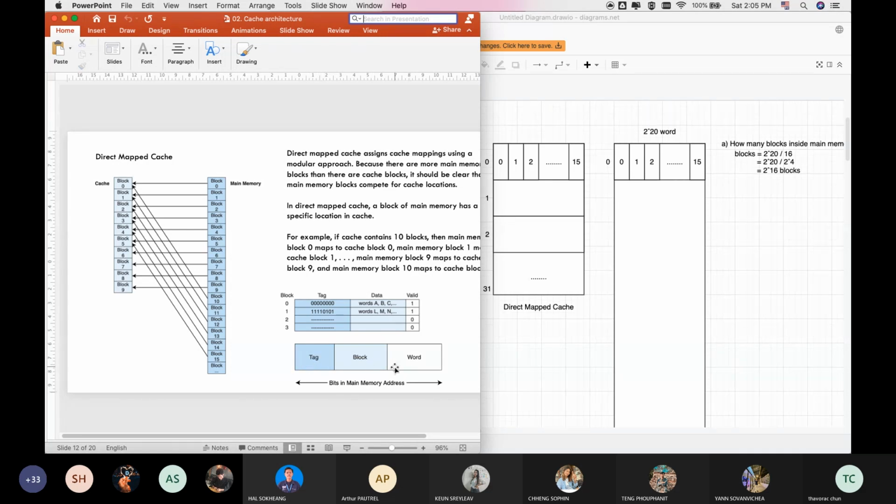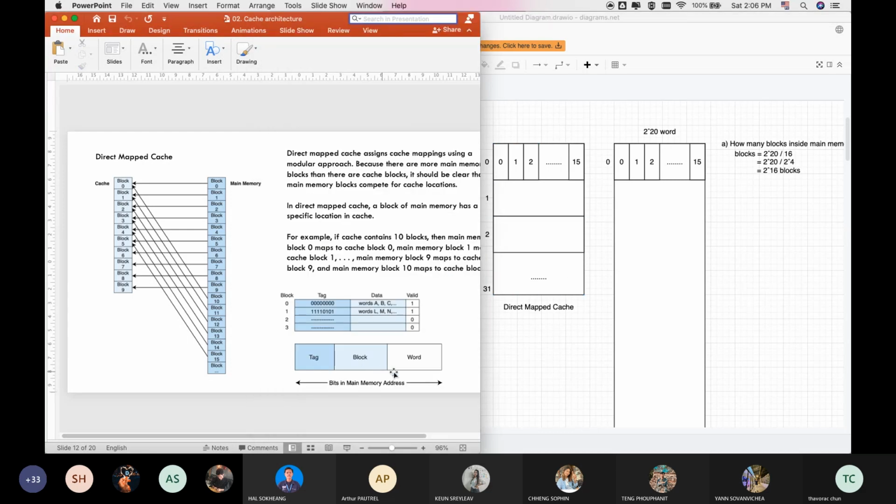The word section is used to find the word inside one block. The block section is used to locate the block of the cache. And the tag is used to compare the data when we want to search for the block.